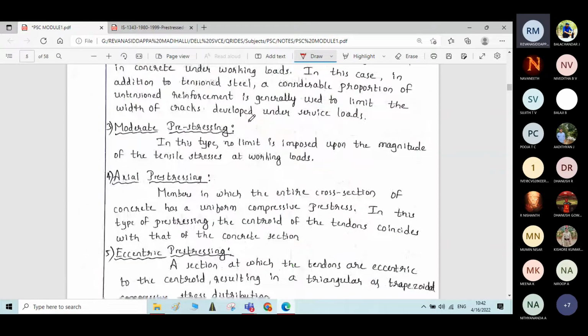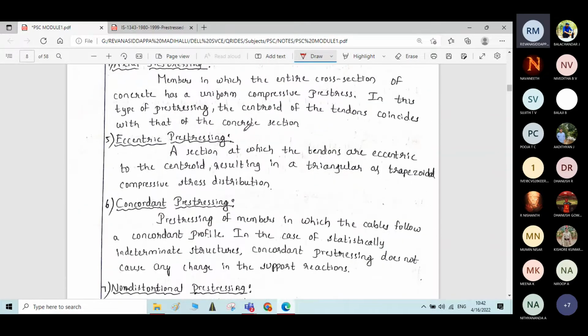Then eccentric prestressing. Eccentric prestressing means there is some eccentricity in the line of action of the prestressing force relative to the neutral axis. There is some distance between the neutral axis and the line of action of the prestressing force. That is called eccentricity.